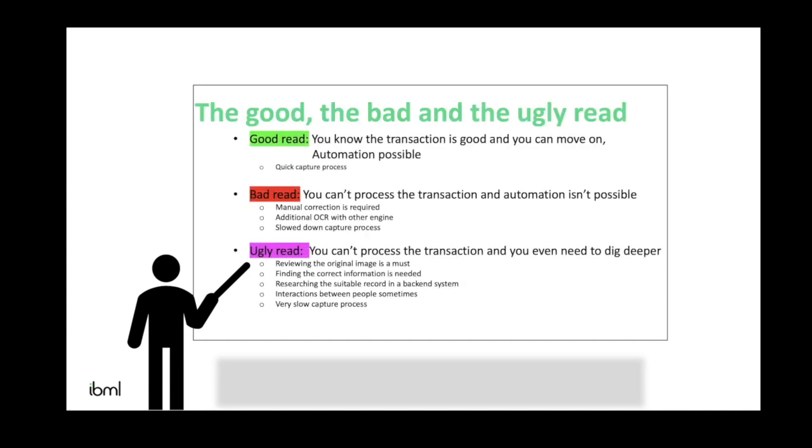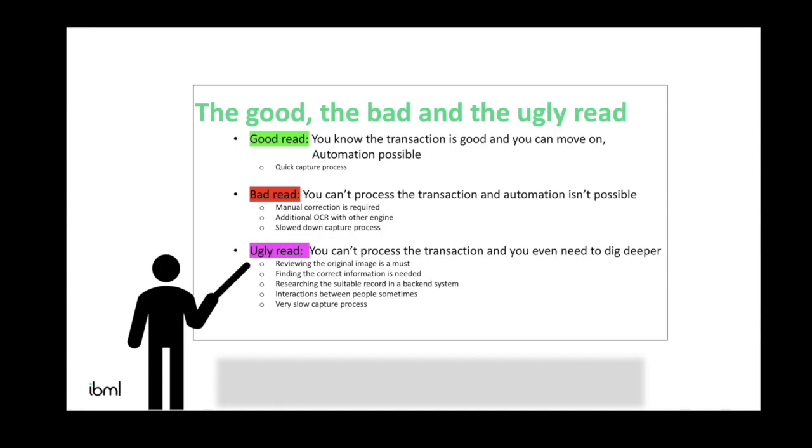So how can we address this? Well, we have three different sections that have relevancy. The good read is, I read it, everything is fine, I can keep going. The bad read requires interaction because I cannot process the transaction and automation isn't really possible.